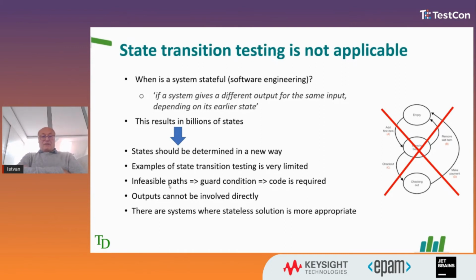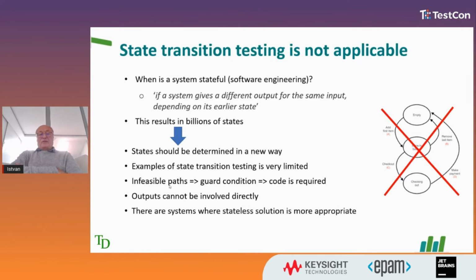But there are some other problems. The one problem is invisible paths. If there is any test selection criterion, it's all based on the graph and the traversing of the graph. And if you traverse the graph and you have a test case set of test steps, then there may be an invisible step.